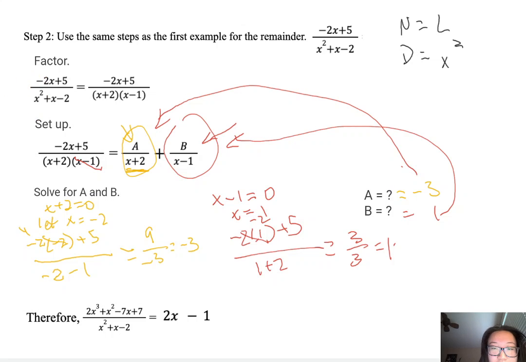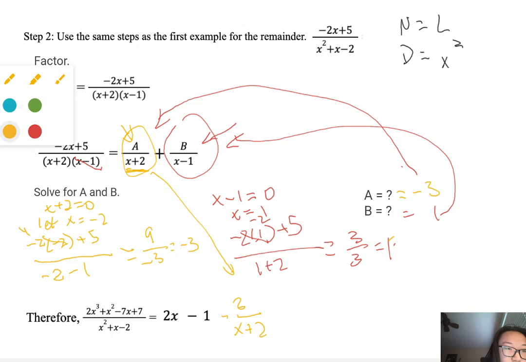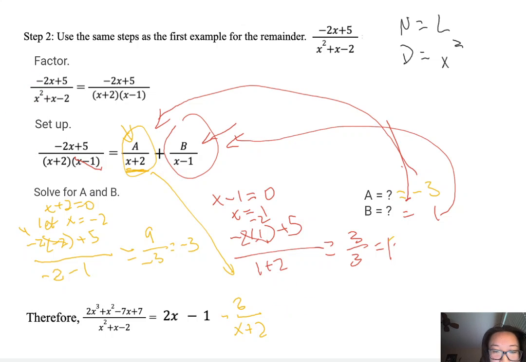All right, we get that A equals negative 3, so we get 2x minus 1 minus 3 over x plus 2. Okay, so that's what we get here, right? And we get plus 1 over x minus 1, because that is where we get this. And that should be our final answer.